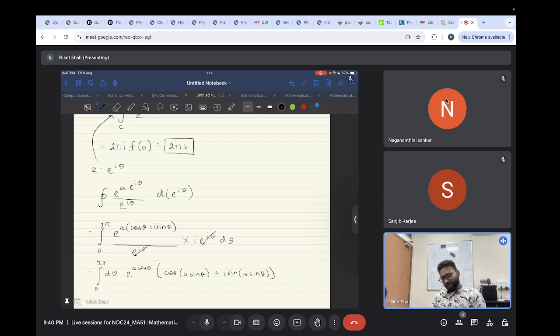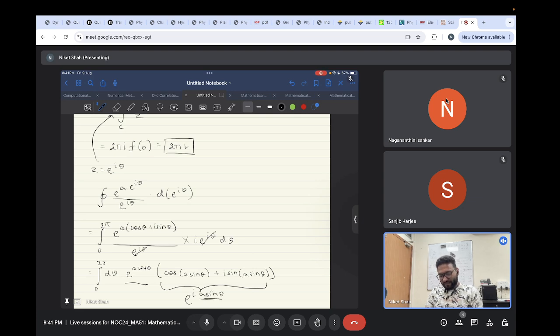Do you understand what happened here? I had e raised to power a cos theta multiplied by e raised to power I a sin theta. I had two terms here. Now e raised to power a cos theta I took outside, and this is basically e raised to power I into a sin theta.